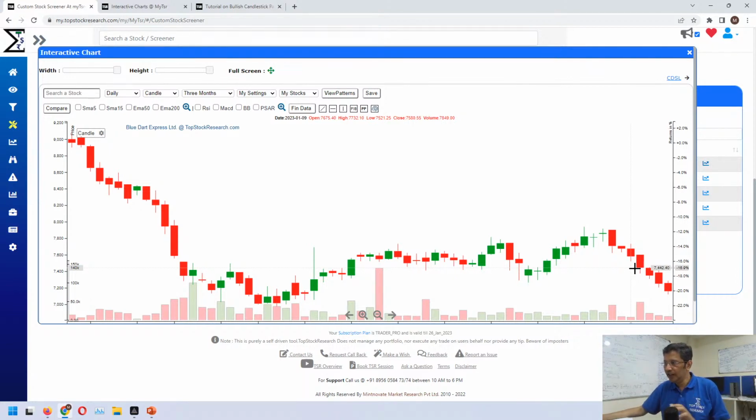The loose analogy I try to make is to consider this as Newton's law of motion. When a body is in motion, it will remain in motion till an external force is applied. Here the external force would be news or a corporate action or maybe some macroeconomic things, which could help in changing the direction. So the key is finding the trend and riding the wave on top of it, staying on the trend till the trend is breached.